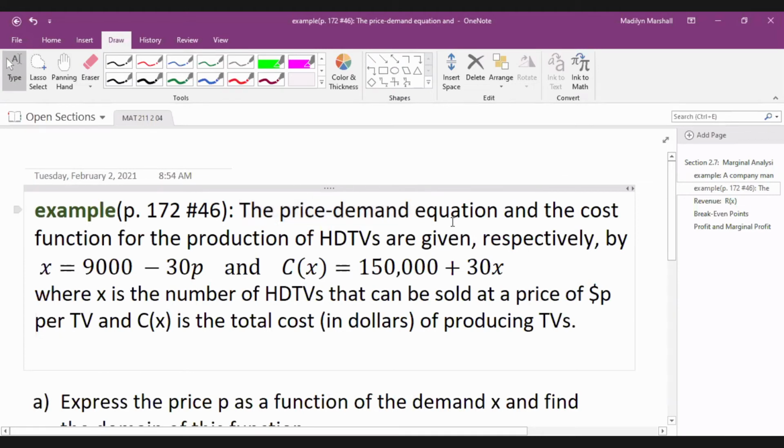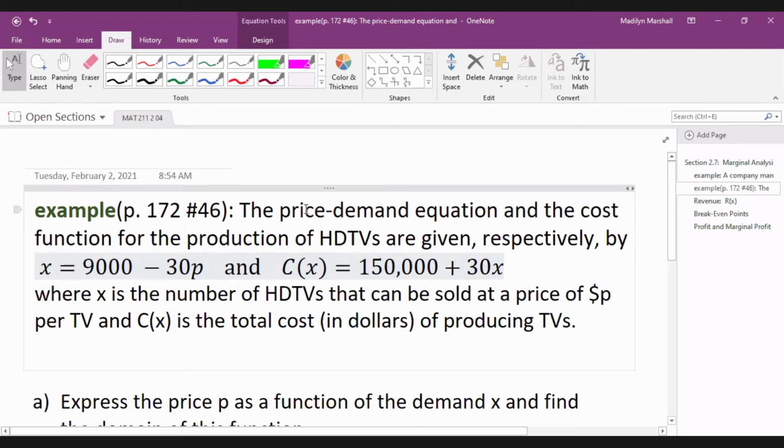Okay, so the price demand equation and the cost function for the production of HD TVs are given respectively by these two equations. A price demand equation means that we can sell X number of units at a price of P. If you have taken any business or economics classes, you would talk about supply and demand and price demand as well, depending on the class.